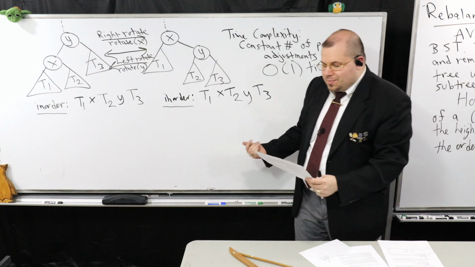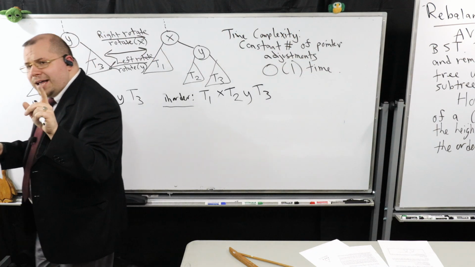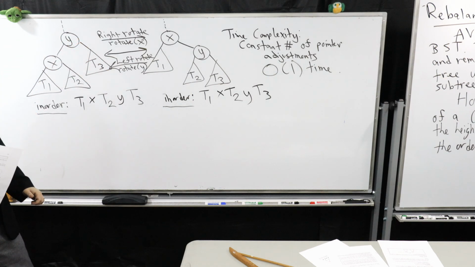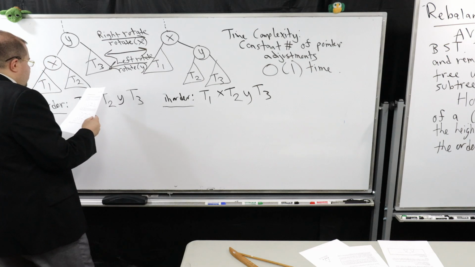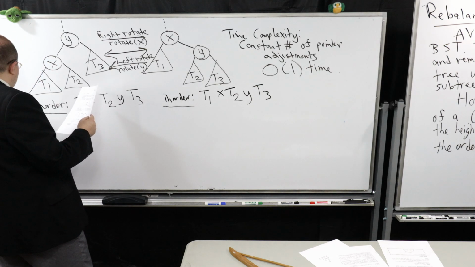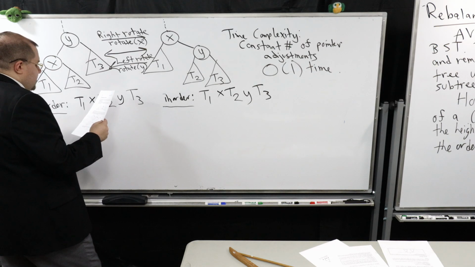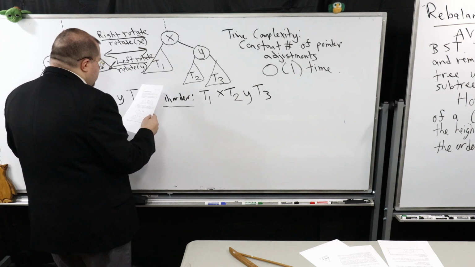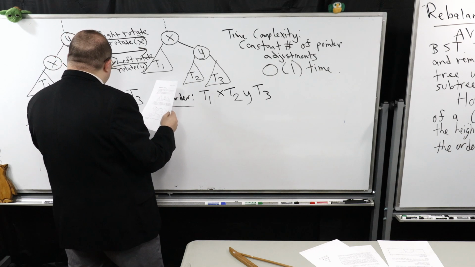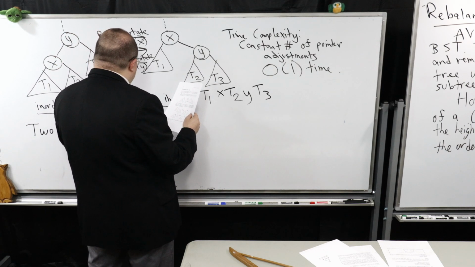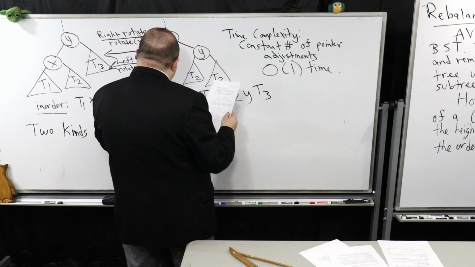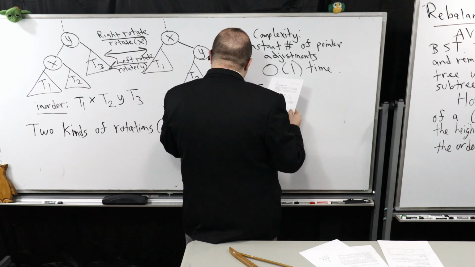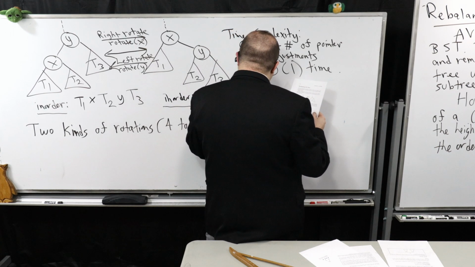So there are 2 kinds of rotation. This is a simple rotation, which I've referred to as rotate of a node. There are only 2 kinds of main rotations that happen with an AVL tree. So this means that there are 4 in total: single rotations, and so-called double rotations.